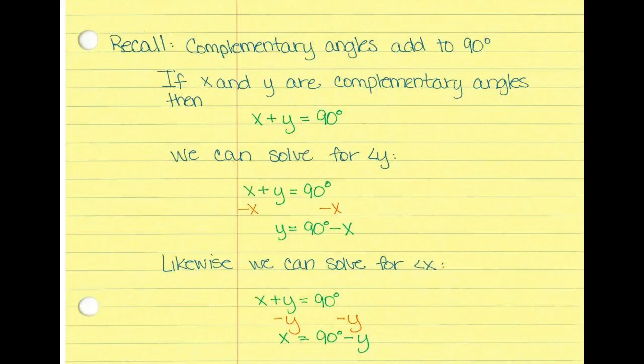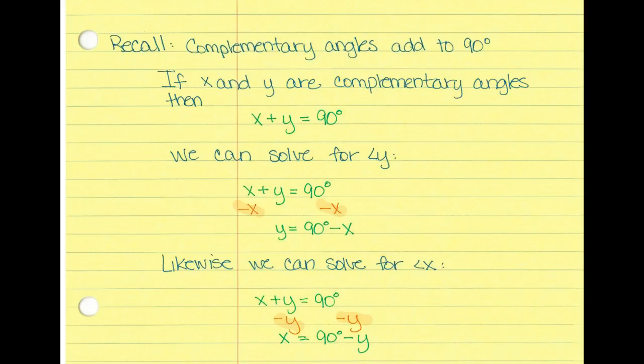If I do that, all I need to do is get y all by itself. So I'm going to subtract x from both sides, so I know that the angle y equals 90 minus x. Likewise, I can turn it around and I could say let's solve for x by subtracting y from both sides, and therefore x equals 90 minus y.